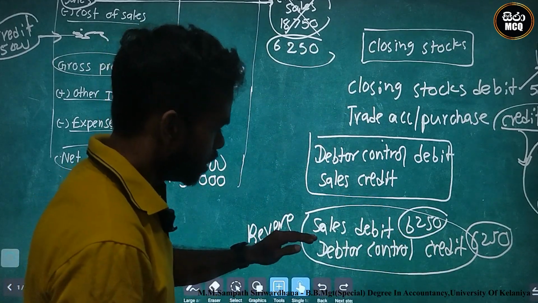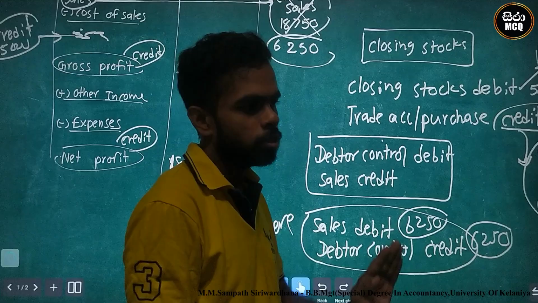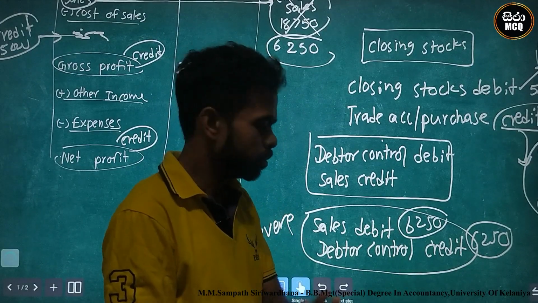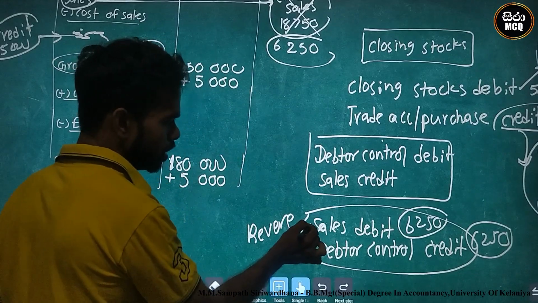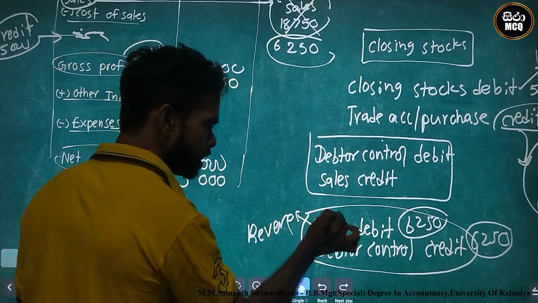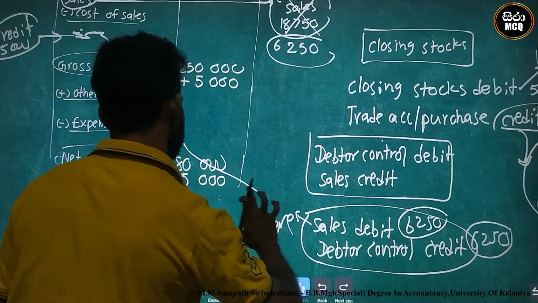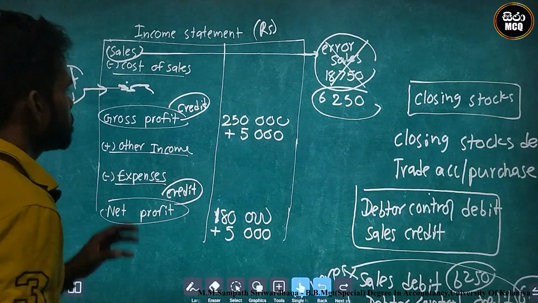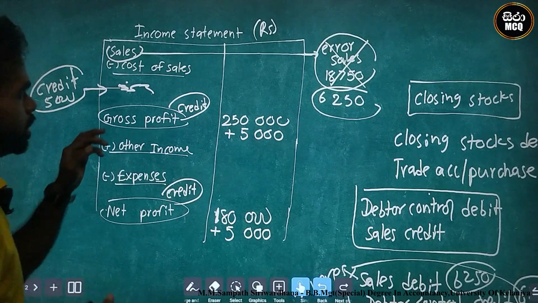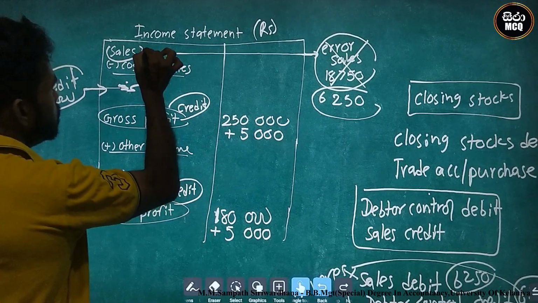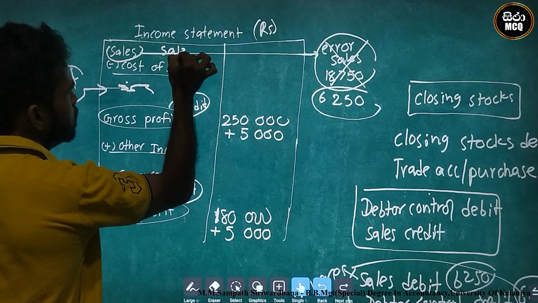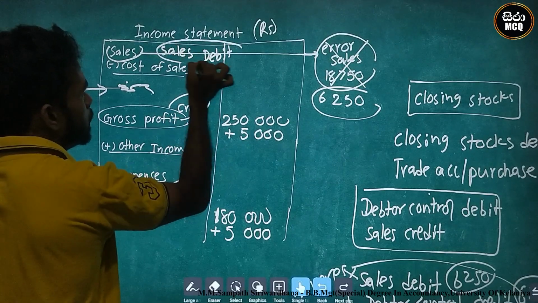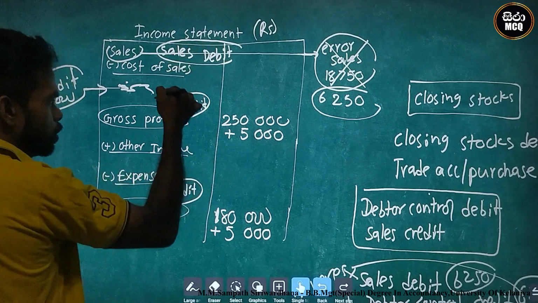You must correct 6,250. Debtor control impacts the statement of financial position. This does not impact gross profit or net profit. Debtor control. Sales debit. Look here, sales debit is impacted. Sales is impacted to gross profit. Why?